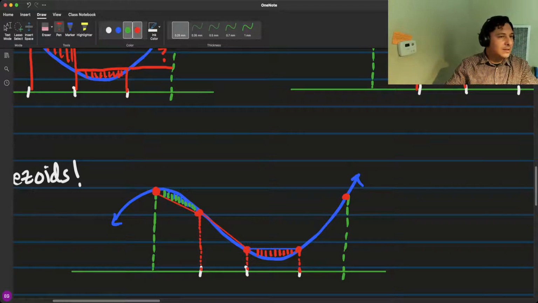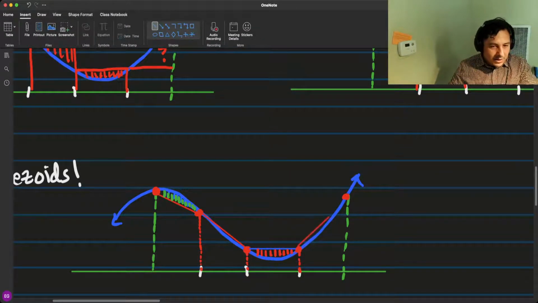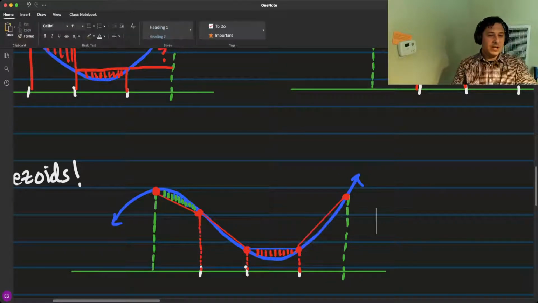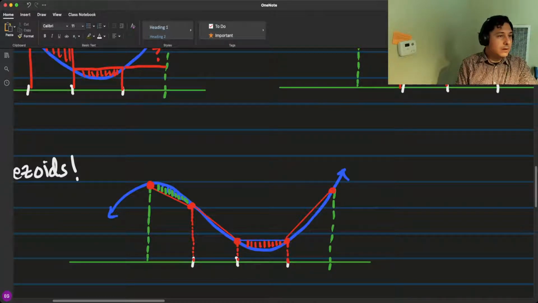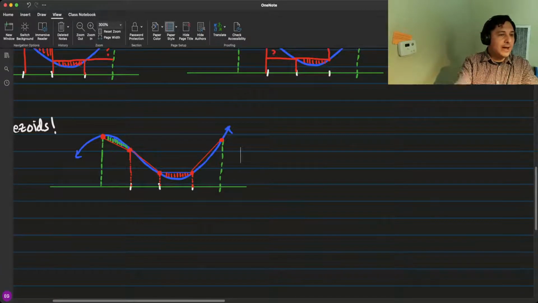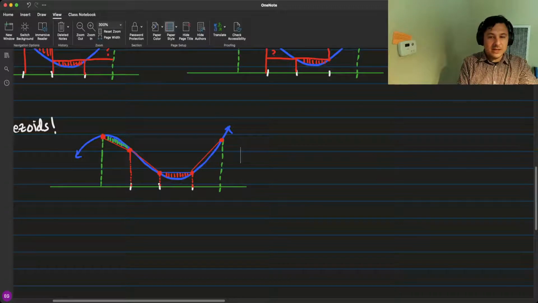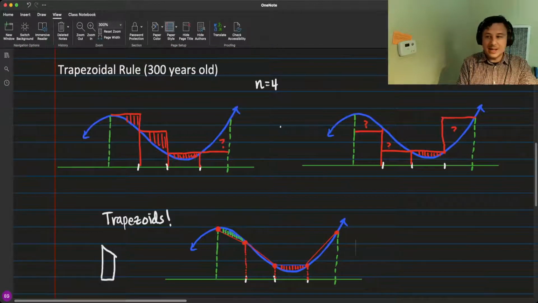Okay, and then you go to the next trapezoid and you set it up. But this one's actually pretty good. It almost follows it pretty well. And what I want to point out is that if you zoom out, even though it's not perfect, it's way better than what we got when we did rectangles.